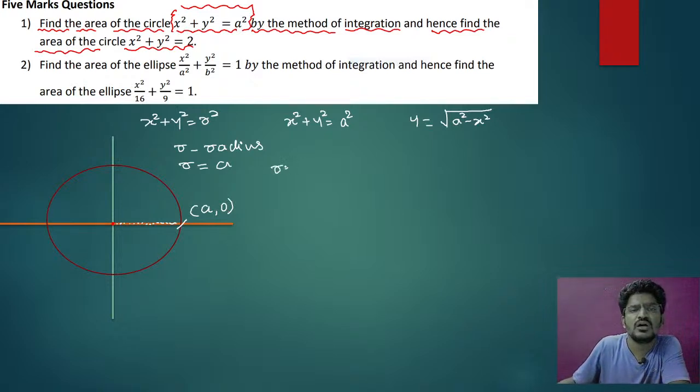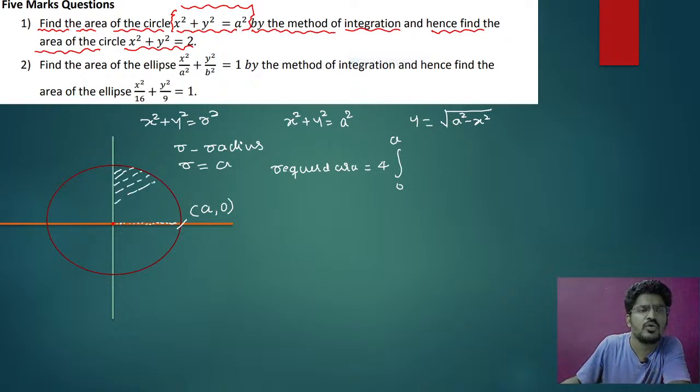So the required area is equal to 4 times the integration from 0 to a, because you can see here this is 0 to a, bounded with the x-axis, circle and y-axis.